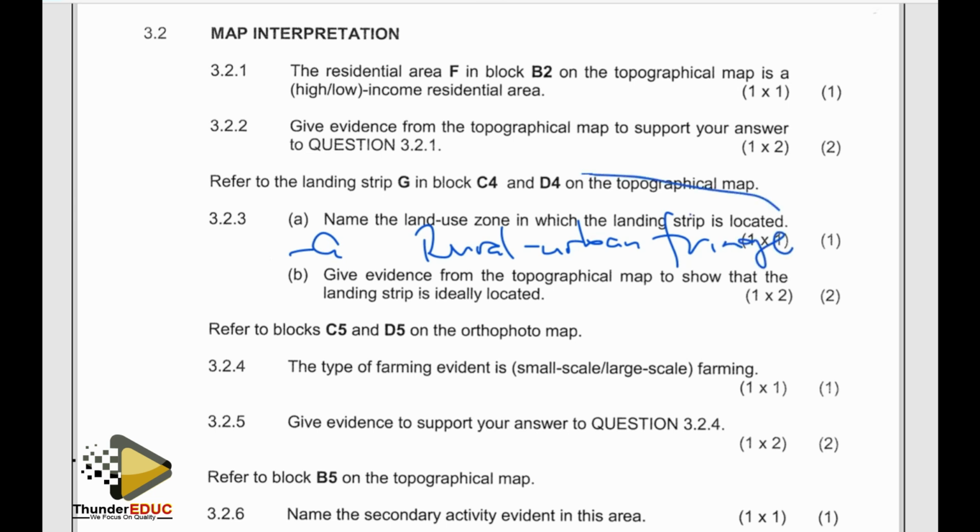So basically, if you find a landing strip, if you check from the map, hopefully you are going to find that the landing strip is on the outskirts of the city. We do not expect to find a landing strip somewhere within the urban settlement or close to the CBD. One, some of those activities do not need to take place close to residential areas for safety reasons. There are dangerous activities that might be involved, and hence they cannot happen close to people.